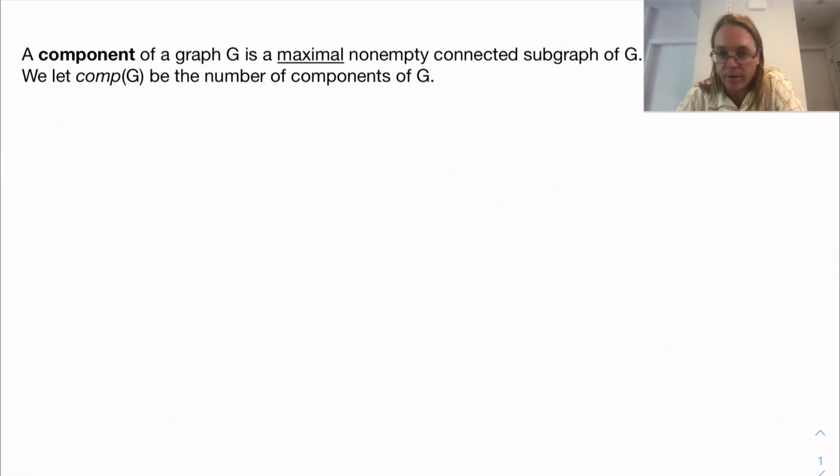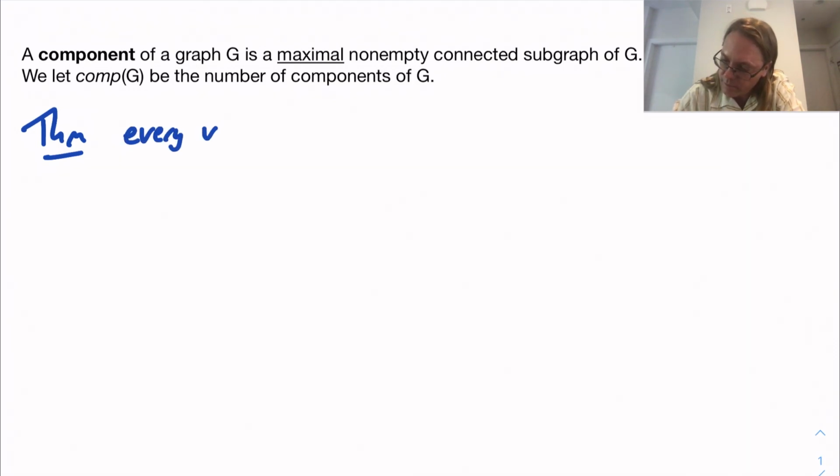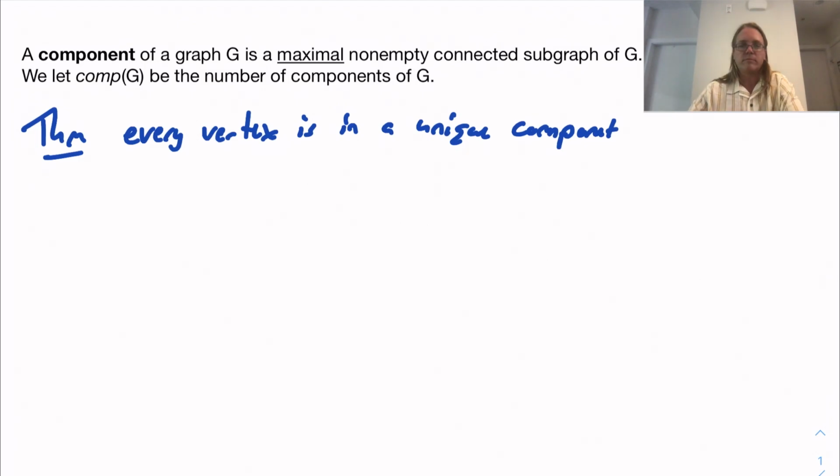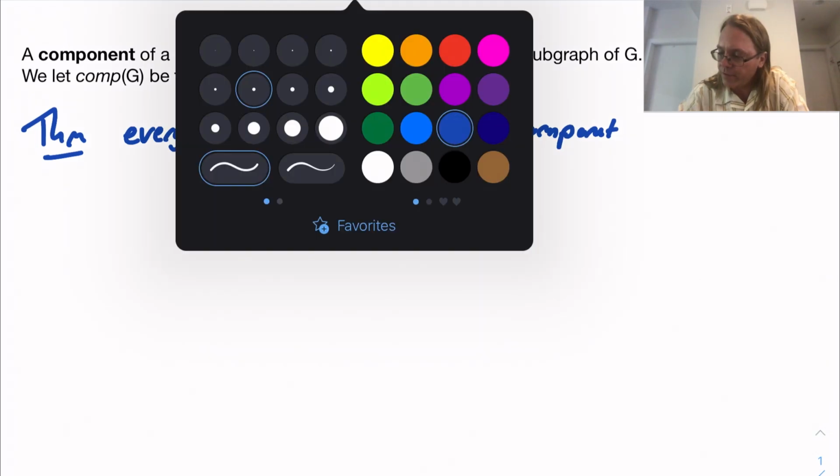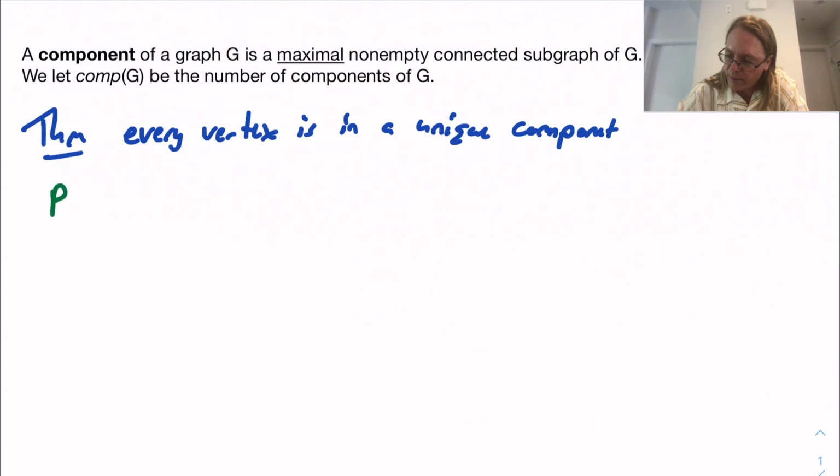Now our main theorem here just says that every vertex is in a unique component.